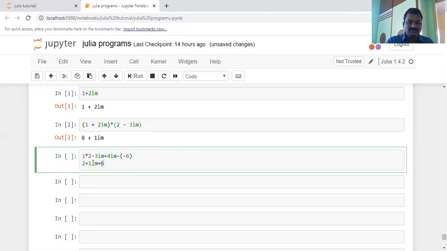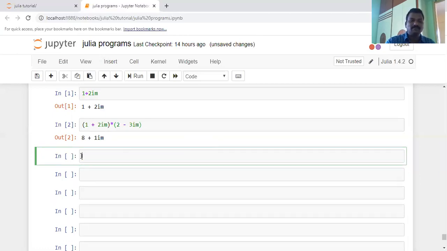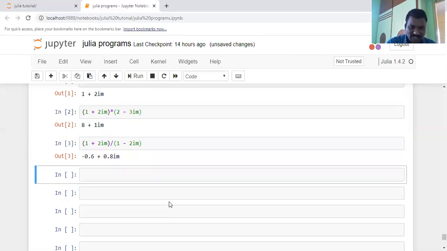In this way you perform the mathematical operations. For example, another operation is division. How can you perform the division? Take a simple example, dividing two numbers. The result is produced in the form a plus ib.